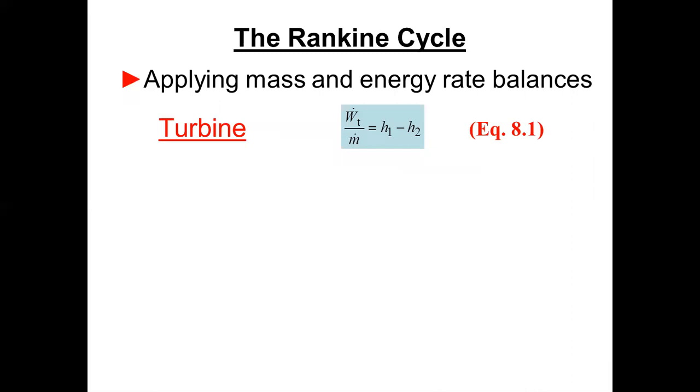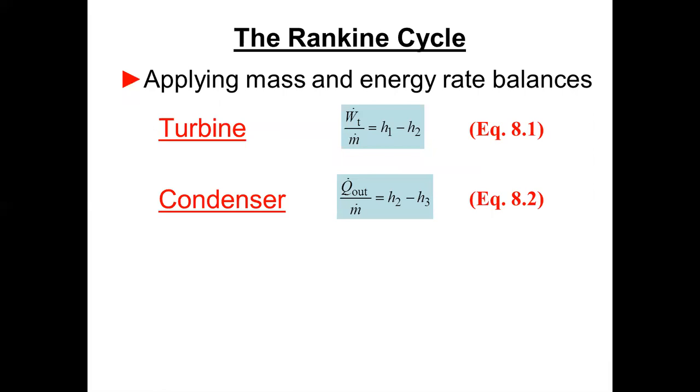So if you have extraction ports, then you have to do some more mathematics on it. But you would generate the expression from a control volume around whatever turbine you're working on. But for our simple turbine, it's just that the specific work is equal to the enthalpy in minus the enthalpy out.